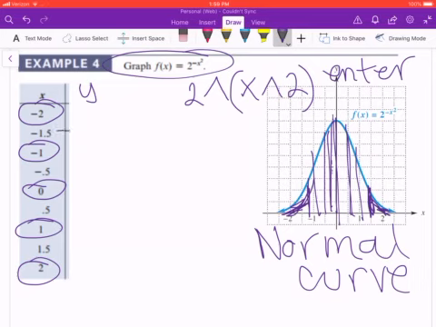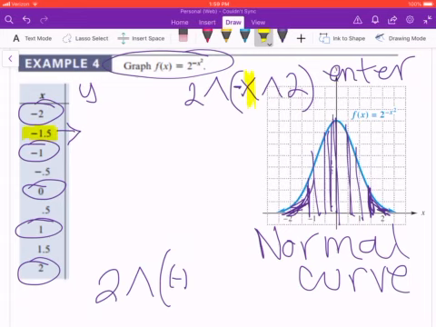For example, to get this one here, it will have to be something like 2, oh, and I forgot the negative sign here. It will be 2 to the power, and then I will use parentheses, and then the negative sign, the little one that is in parentheses, and then instead of x, we will substitute this number.